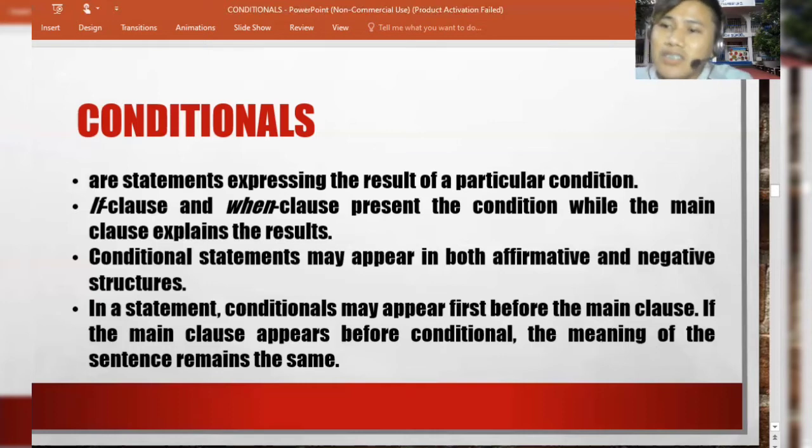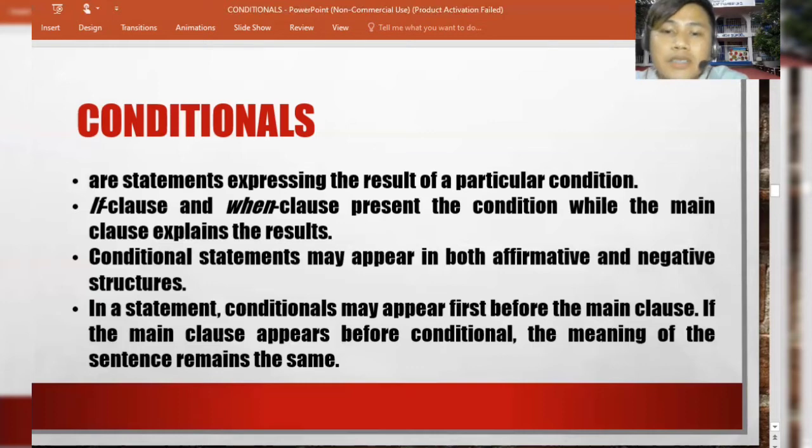So the first statement, that they have to sleep, is the condition, and the result, if they follow, is that they are going to get their rewards. Later we will study further about the grammatical structure.